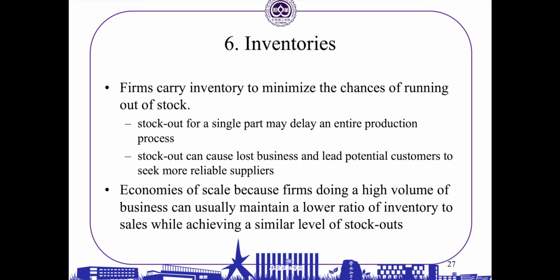A 10% of sales in inventory will drive up the average cost by 10% at most. Since the average cost is measured as the proportion of cost in the number of products sold, the need of carrying a huge amount of inventories leads to economies of scale, because high volume of business can usually lead the firm to find more efficient ways of using inventory, and thus a lower inventory to sales ratio and average cost.